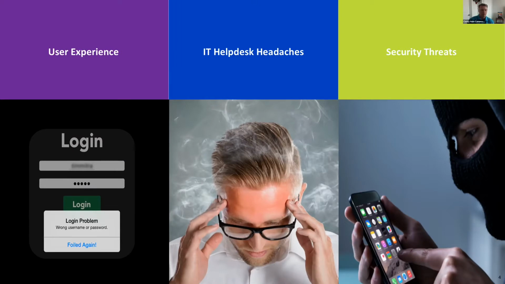Whether it's for a school, a corporation, or state or government, it's all about getting people on. And usually it's forgotten passwords, they didn't have the right OS, they didn't know what to do, so they had to pick up the phone and call the help desk.